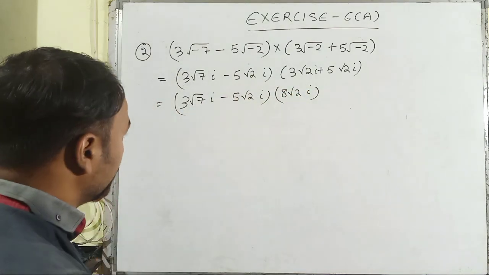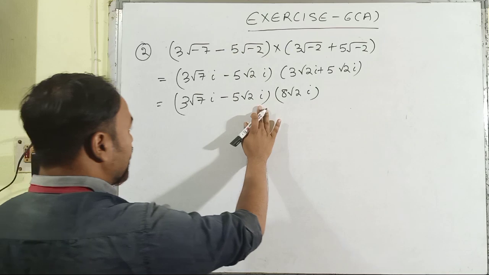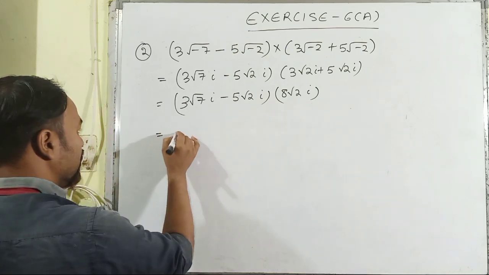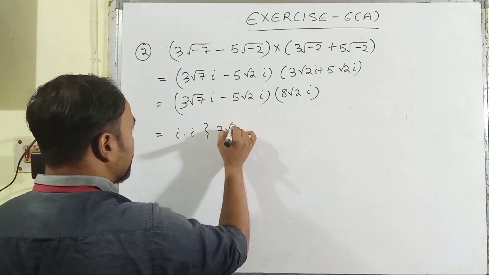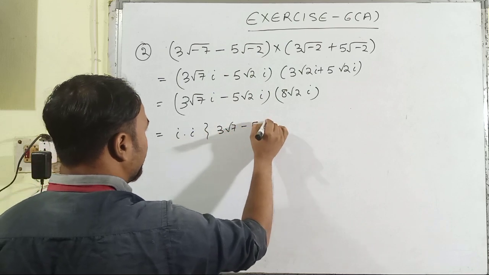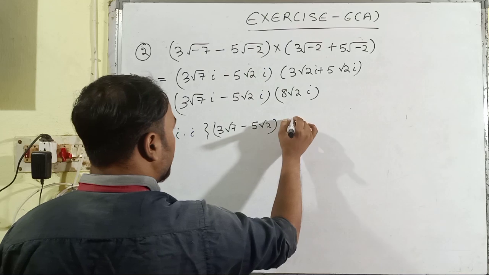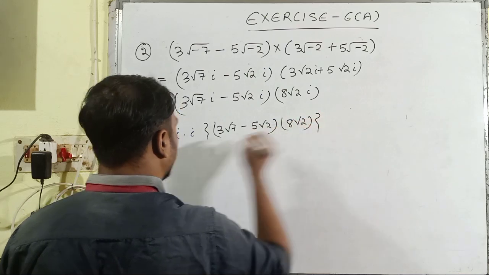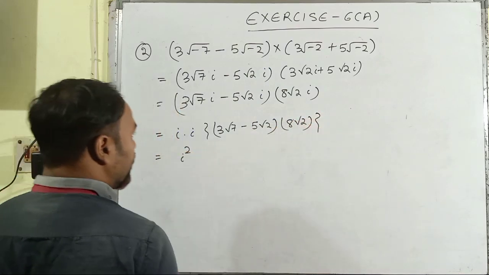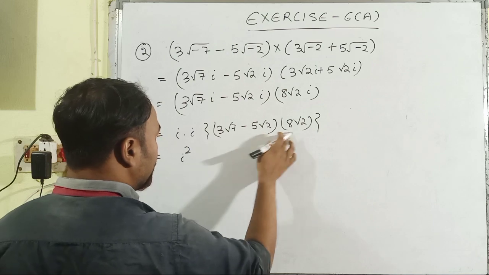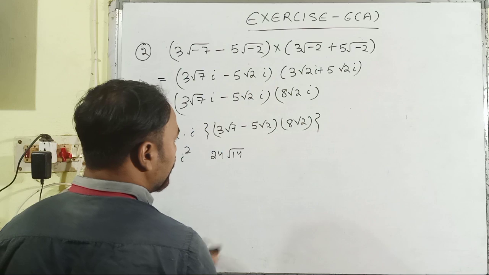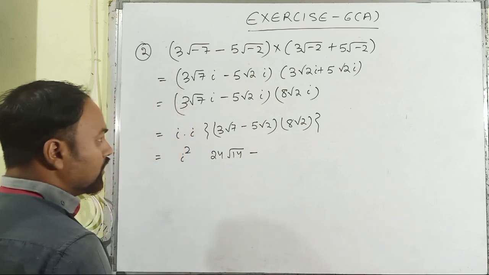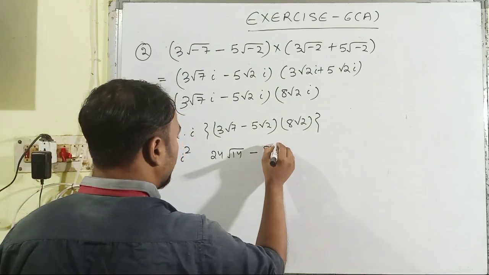Then you can take common i from the first expression as well as the second expression. So it is i multiplied with i, and the remaining expression is 3 root 7 minus 5 root 2 multiplied with 8 root 2. It is i square. Then it is 24 root 14 minus 80.